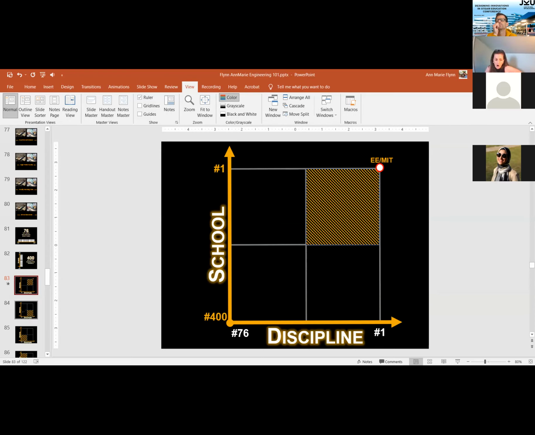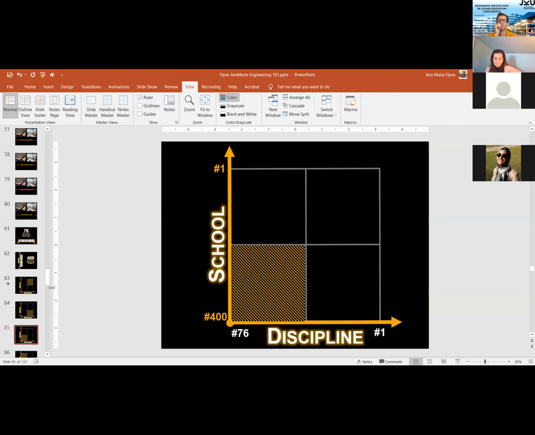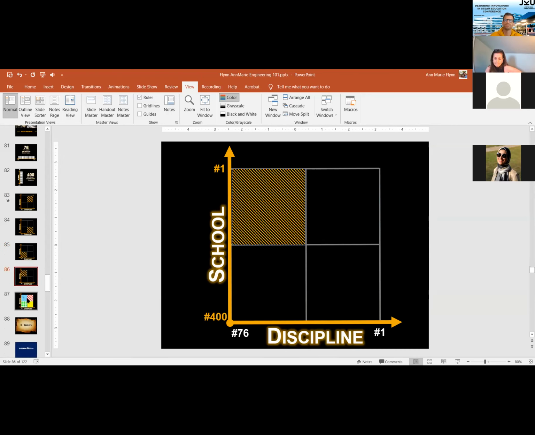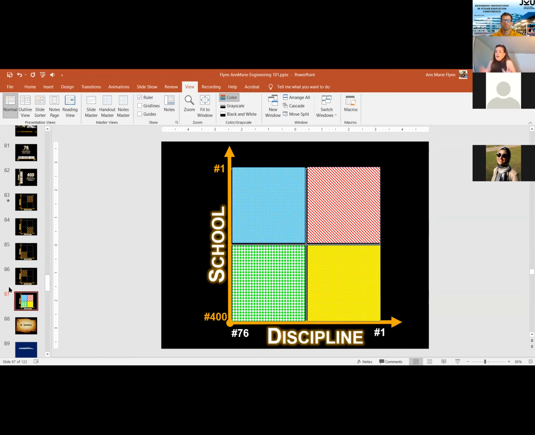But there are all of the other options. It's almost like a menu at a Chinese restaurant here in the United States, where there are so many options. There is a discipline and a school that would suit everyone.